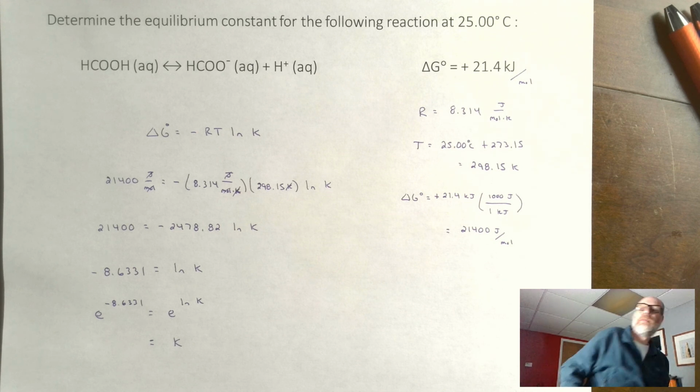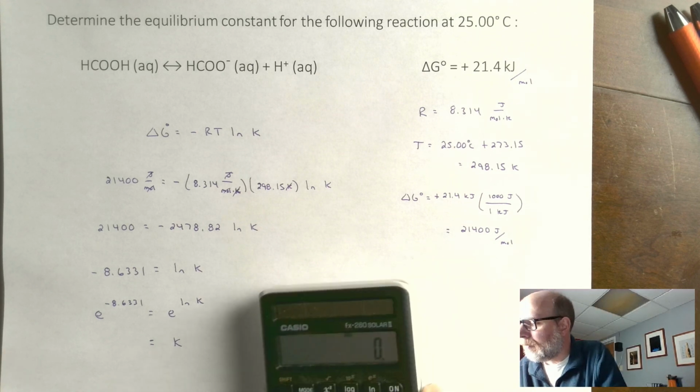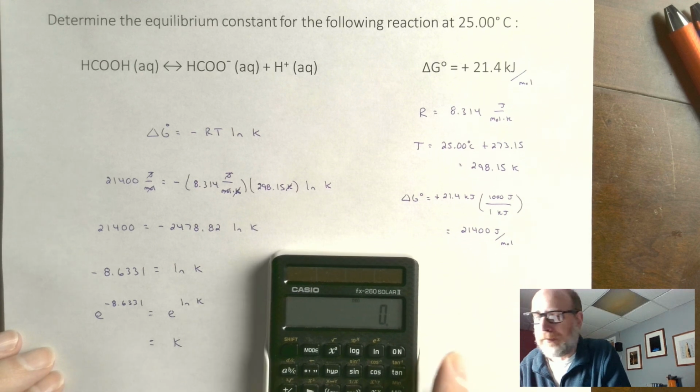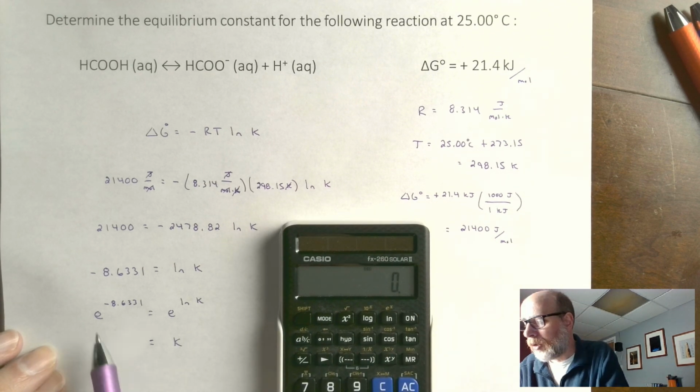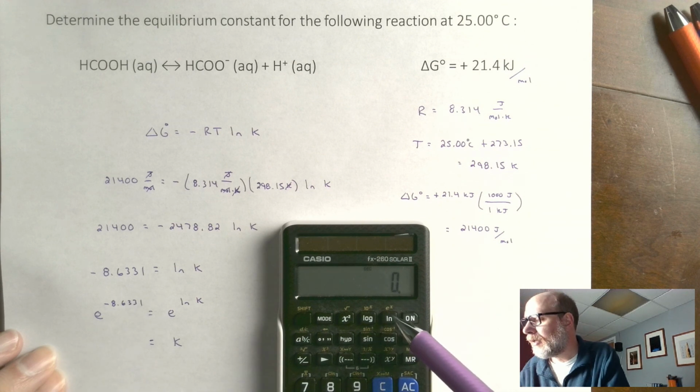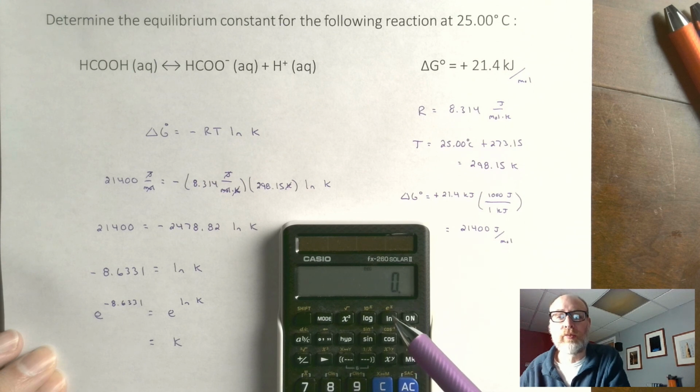E to the minus 8.6331, it would actually be important to look at that. And I think we might have already done some things with natural log, but I just want you to notice. If you want to raise e to the something, there's an e to the x function here. You have to hit shift natural log. That's right above the natural log, so you can grab that.